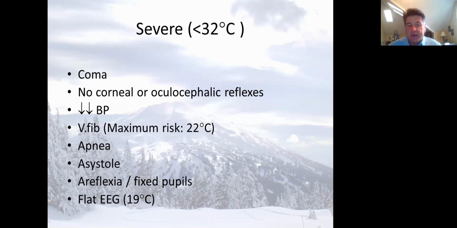Your reflexes are not there at all, and your pupils can be fixed. And you can actually get a completely flat line EEG at 19 degrees centigrade. An EEG is different than an EKG. An EEG is an electroencephalogram of the brain, which measures the brain waves. So at 19 degrees, the brain waves can actually stop.